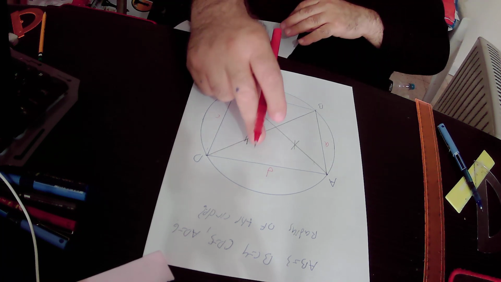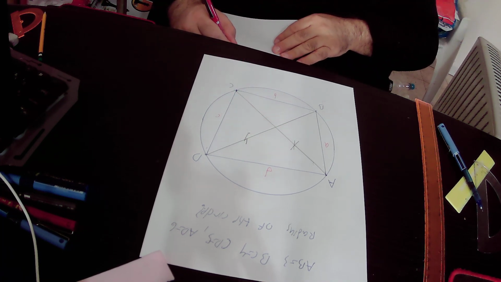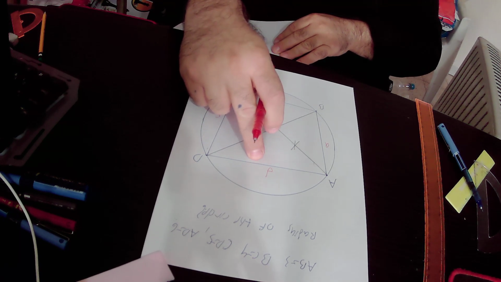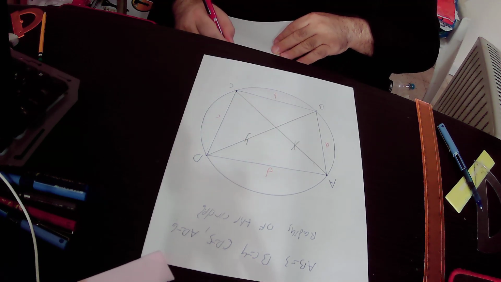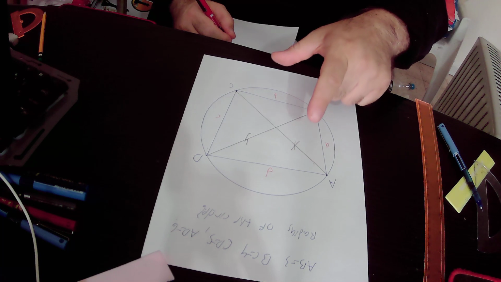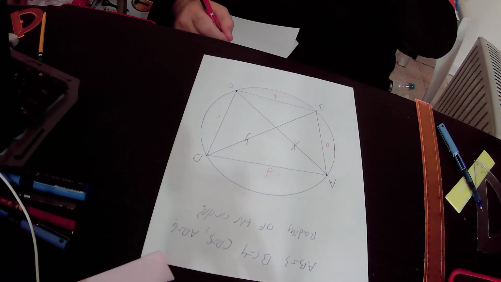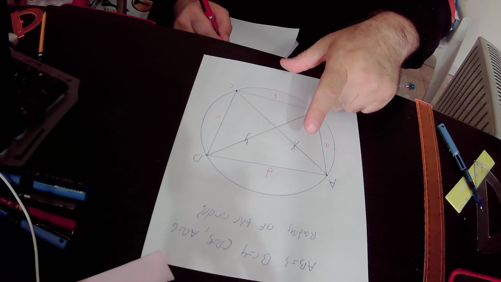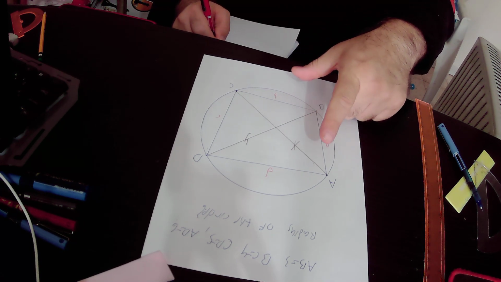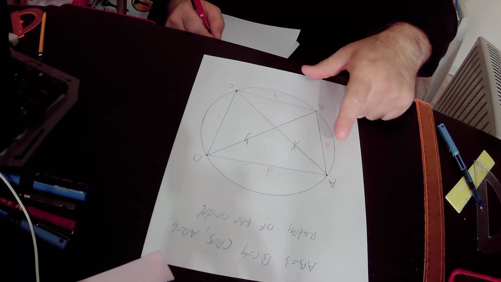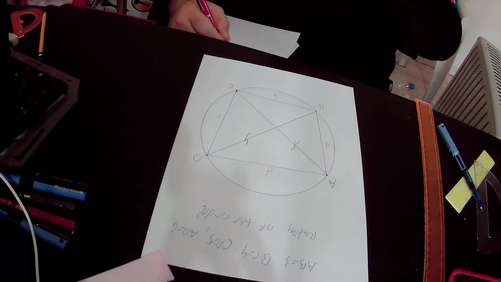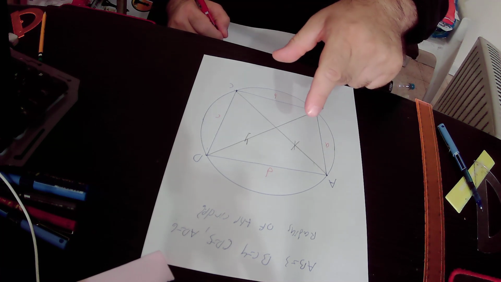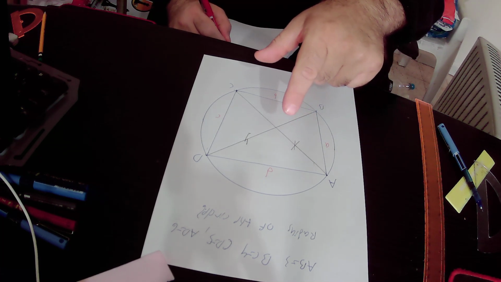If we focus on triangle ADC, the radius of this circle will be equal to C times D times X over 4 times the area of triangle ADC.